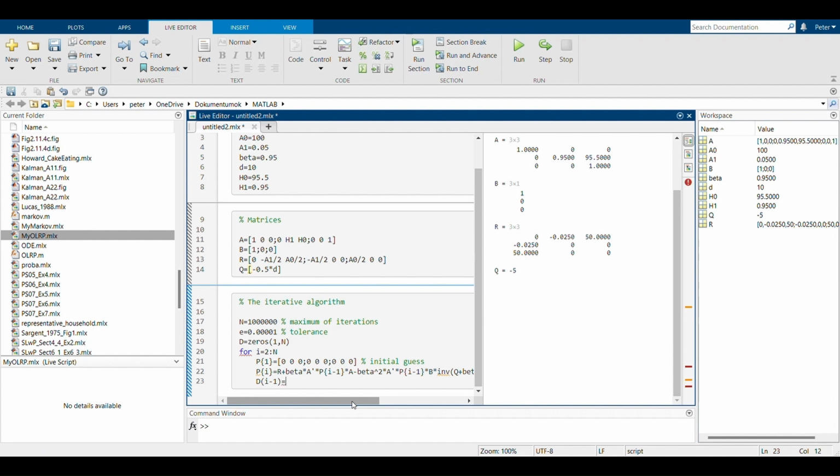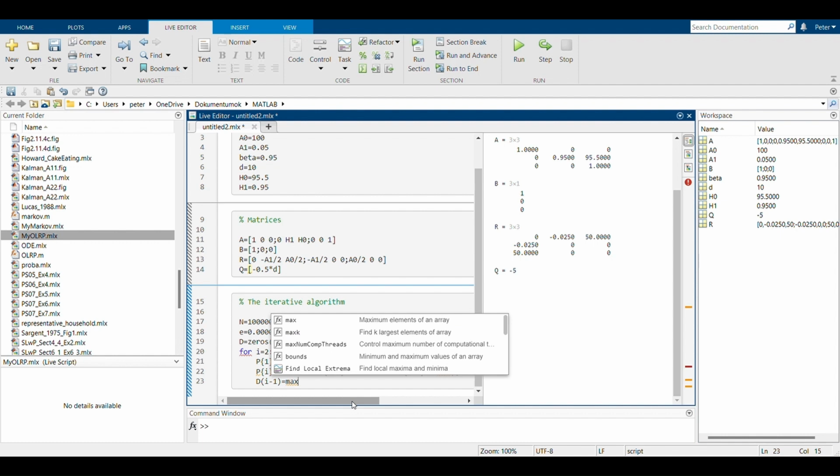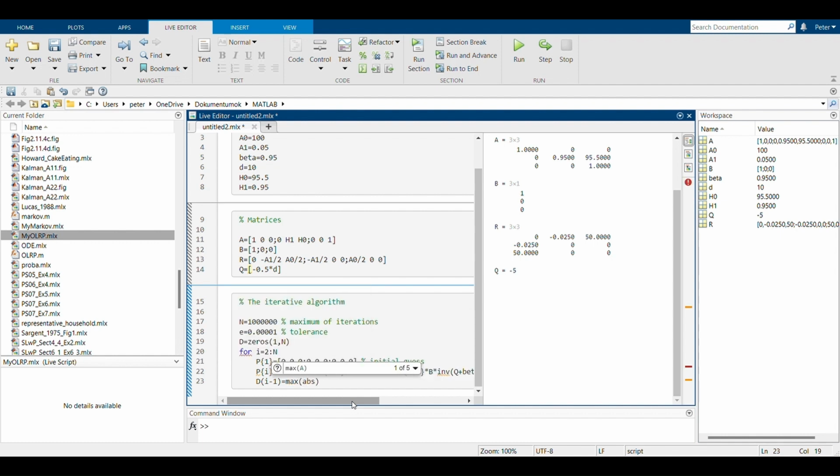So we work with matrices, and we want to stop the algorithm when the largest of the differences, 9 differences actually, because it's a 3-3 matrix, falls below the threshold.